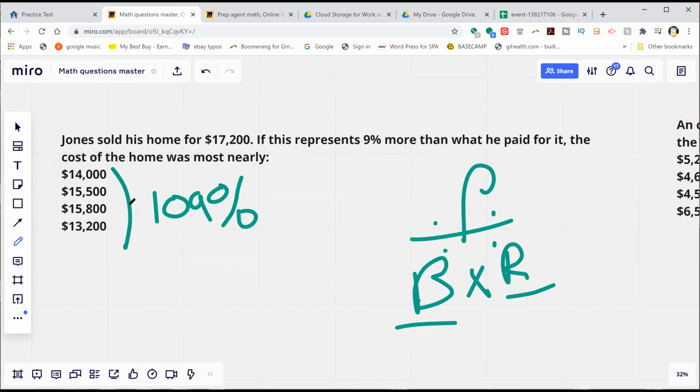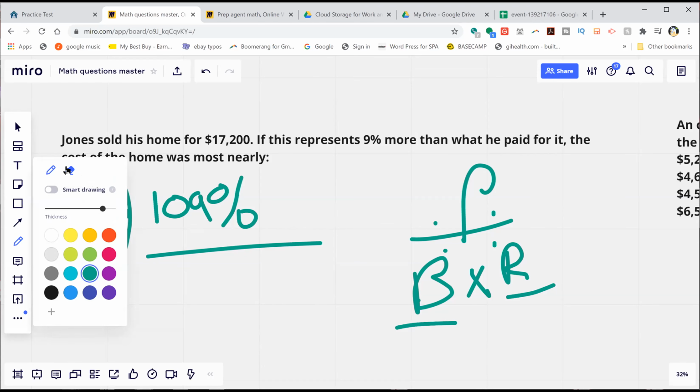Or if you said to me, Stu, I would never get 109%, because that's not a number that you see there, that's a number that you have to pull out of your tuchus. Cool. Awesome.